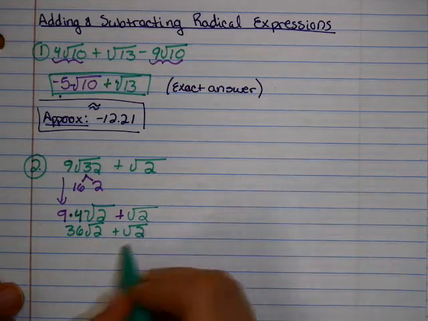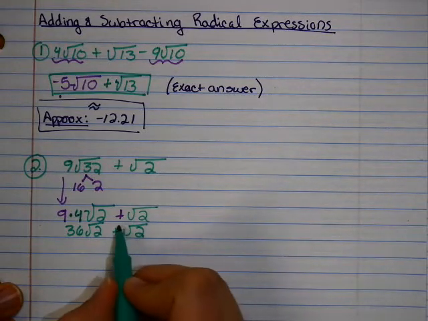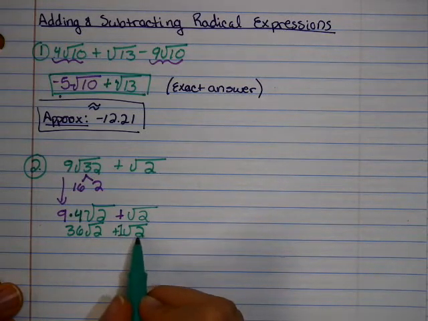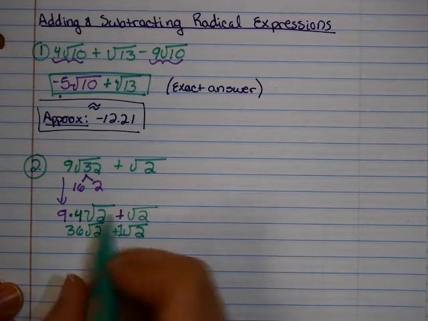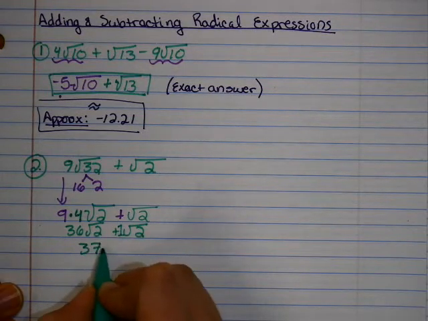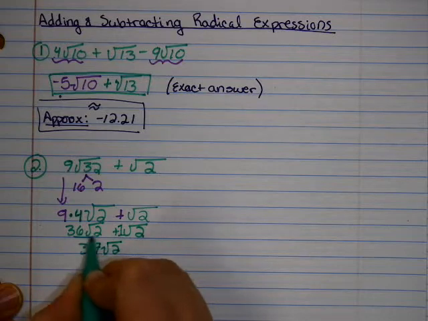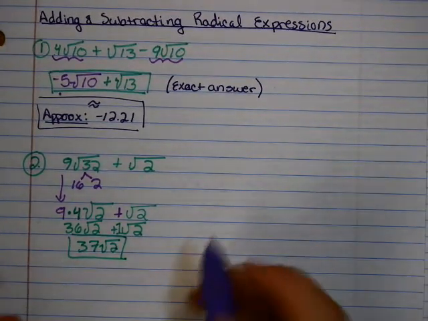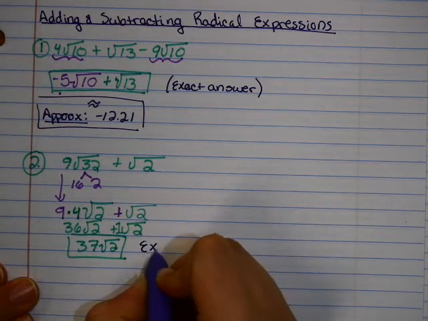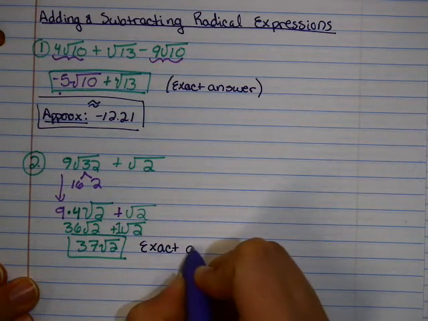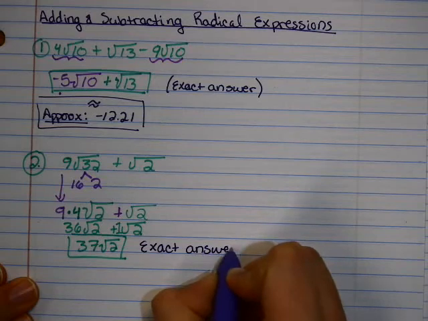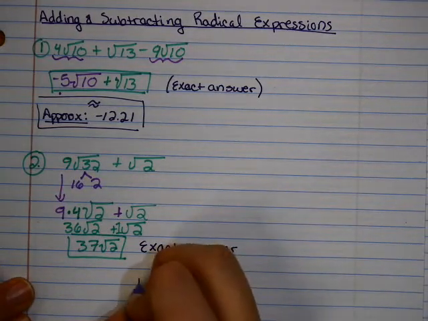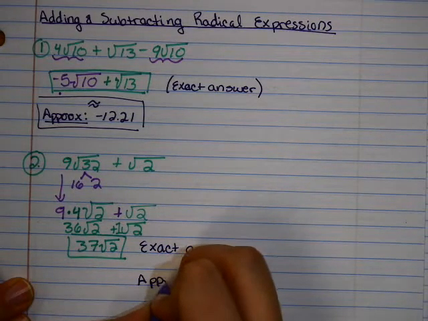So here, same idea, we have a 1 in front of the square root of 2. And so 36 plus 1 means I have 37 square roots of 2. Okay, so here's another example of what our exact answer would be. And then here's an example of the approximate.